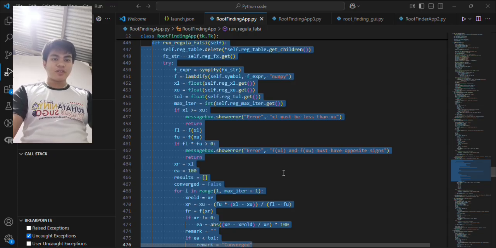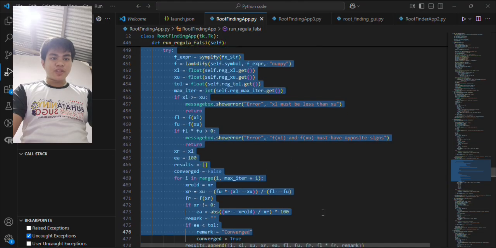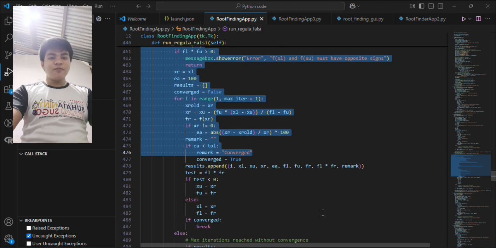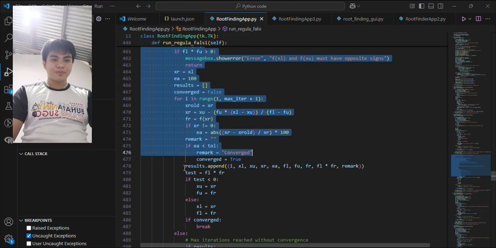Step 3. Update logic. Evaluate f of xr. Check if it is 0 or the error is below tolerance, and update bounds accordingly like in bisection. Step 4 is the output. Display all iterations in a table.